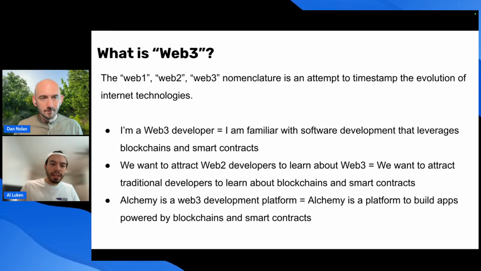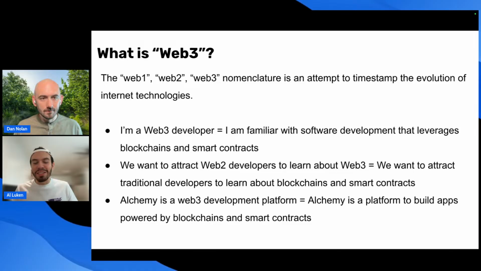Because back in the 90s, you had this, and I have a table for this on the next slide to really hammer this home, but the internet as an interactive technology has evolved in this read, write, own pattern, and that's supposed to map evenly to Web 1, Web 2, Web 3.